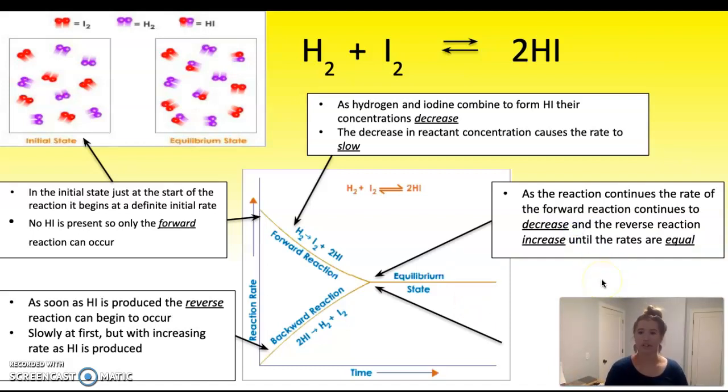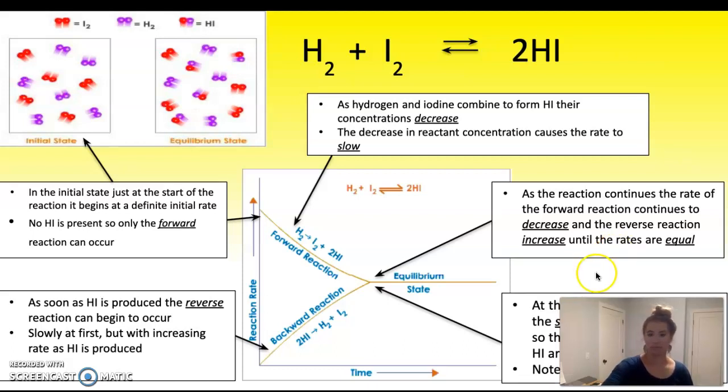So as the reaction continues, the rate of the forward reaction will decrease and the reverse reaction will increase to a point that they then become equal. Okay, so at this point, the rate at which the hydrogen iodide is being produced and the rate at which the hydrogen gas and the iodine is being produced is going to become equal, and that's when equilibrium occurs. But just a reminder, rates are equal, concentrations are not.